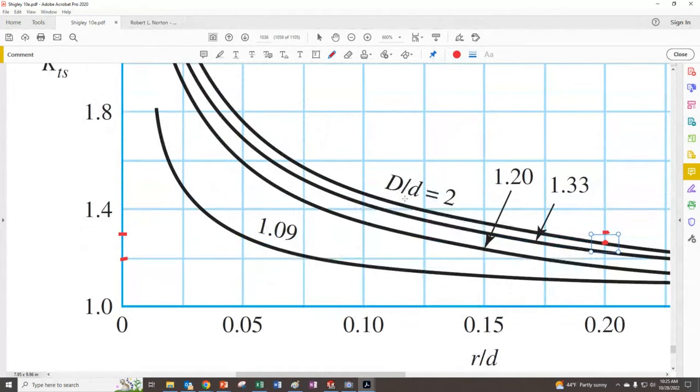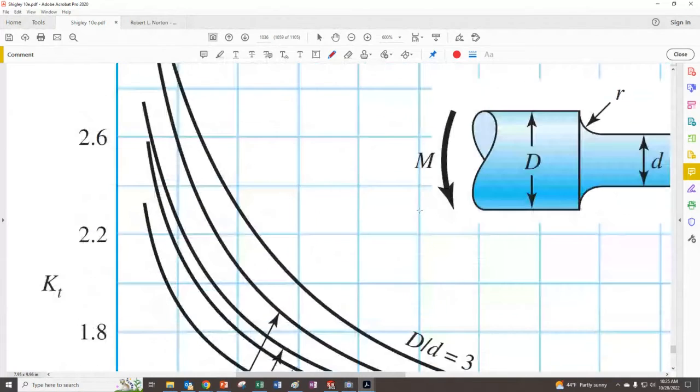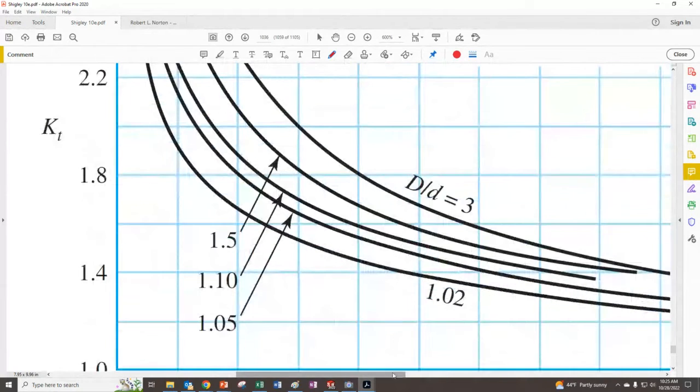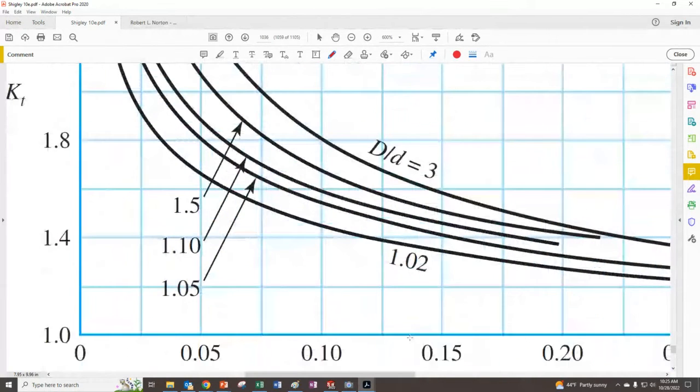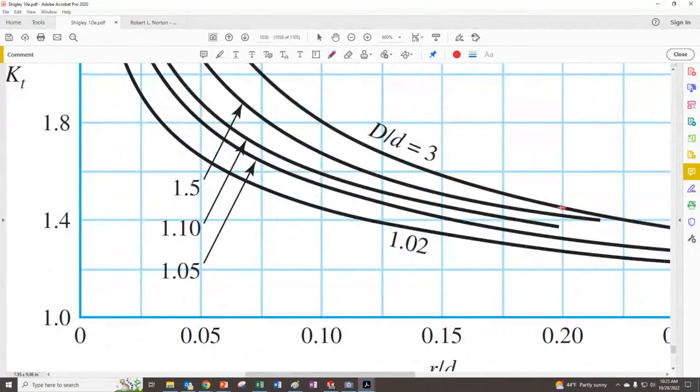And by the way, the best we could do is a D over d of 2, because they didn't give us anything else in this type of situation. And here we will pick another 0.2, and we'll use the 3. Here's 1.6, and about halfway down is about 1.5, and I would say this is just below. That would be my judgment.